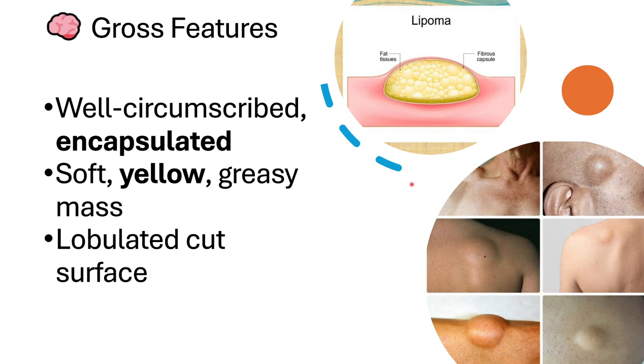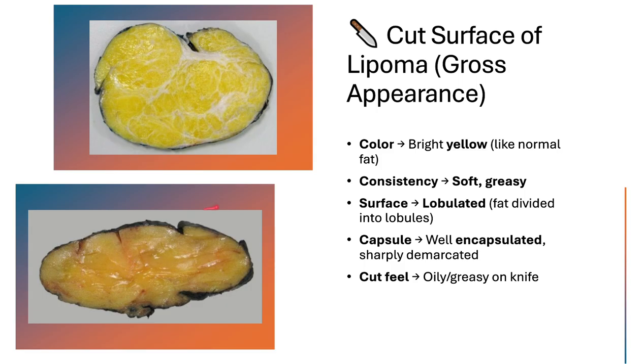And as I said in the earlier video, when talking about the gross features, you have to talk about the cut surfaces. In a cut surface of a lipoma, you can see a bright yellow color, like normal fat. You can see it clearly in this image, and these yellow fat masses are lobulated.